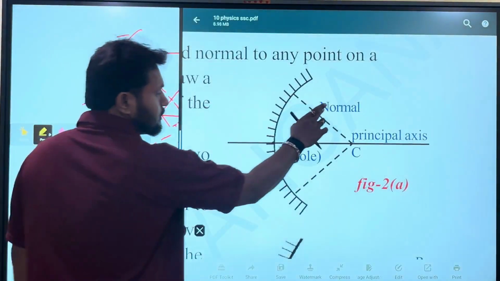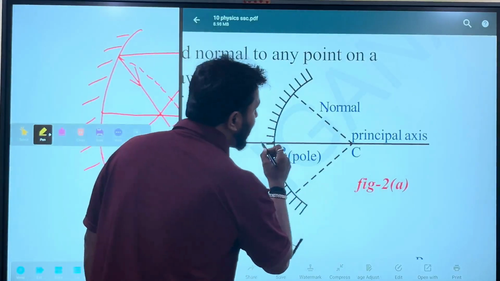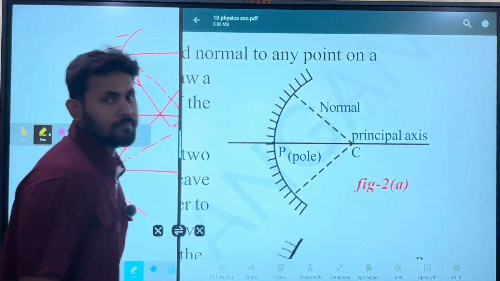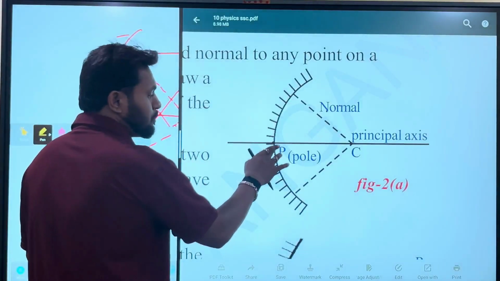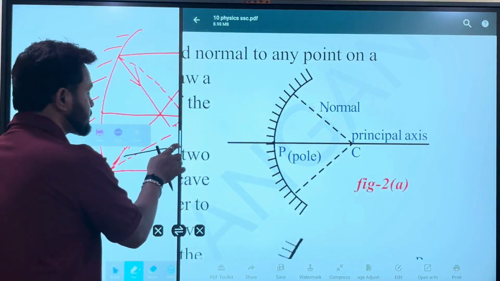Now the normal line, pole and center of curvature lie on one horizontal line.